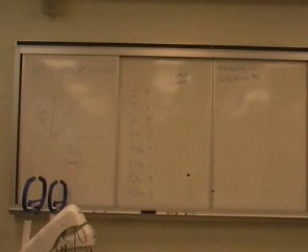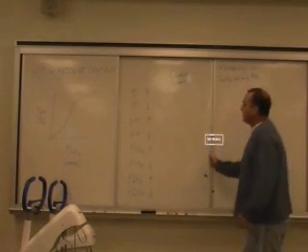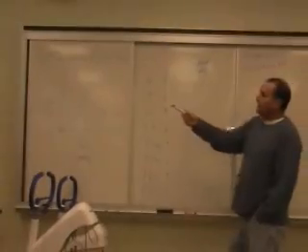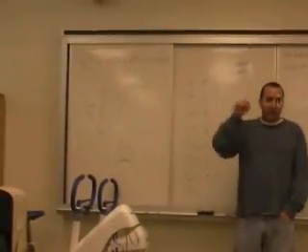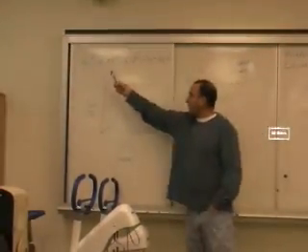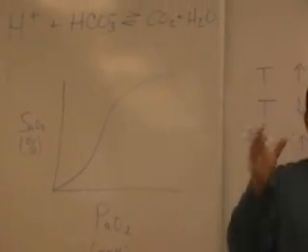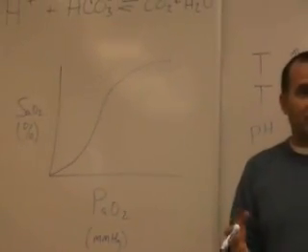What I think will help you with the curve and what happens to ventilation is, when you get your test, at the top of the paper when you get these questions, I would write this equation down, and then I'd also draw a little picture of the curve. Sometimes being able to visualize it really helps.